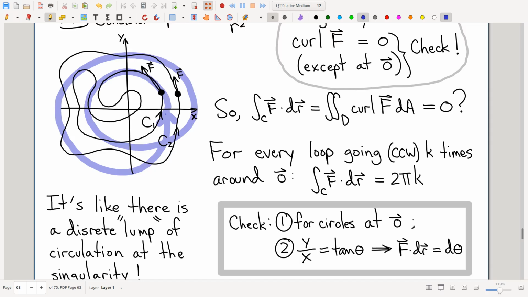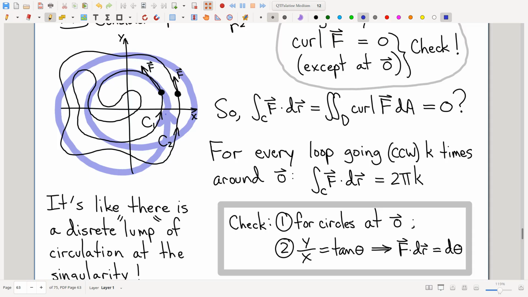Well, theta increased by 4 pi. Whatever the number of times is that you go around counterclockwise, that's what you multiply by 2 pi. K is the number of turns. By the way, we call K the winding number of the curve. FYI.